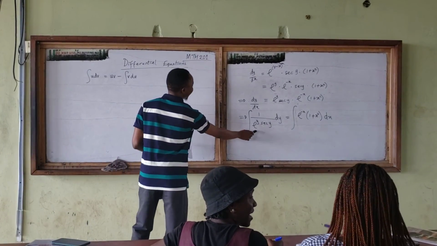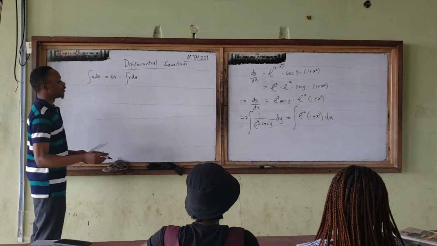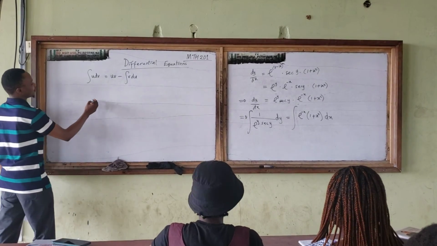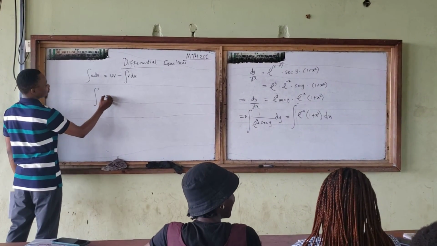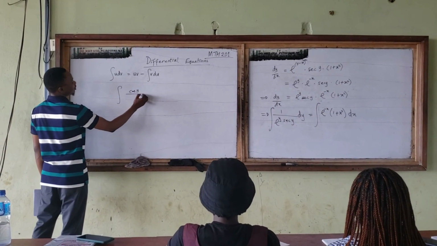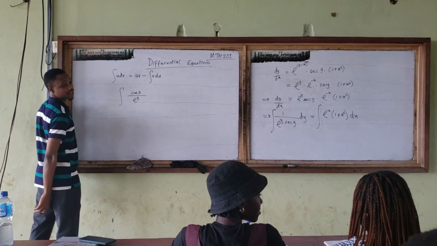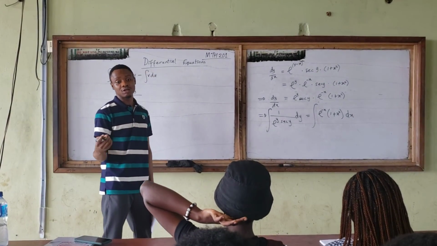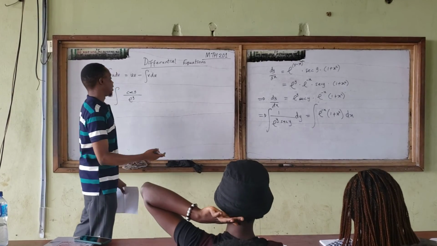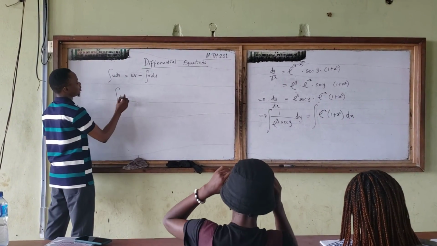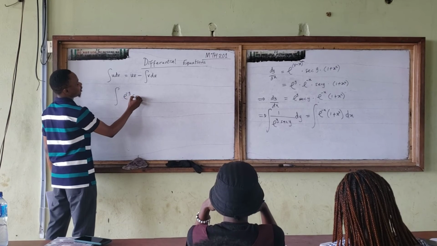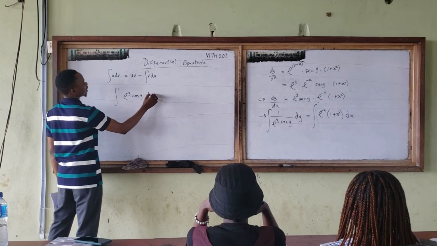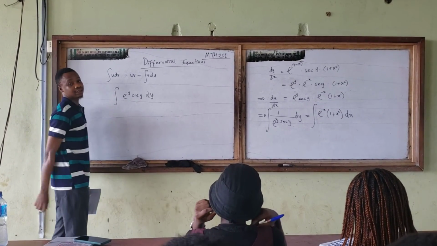Let's see one after the other. The first one can be written as integral of cos y all over e raised to power y. Does that make sense? I can also write it as e raised to power minus y, then cos y. Then I want to integrate this with respect to y.